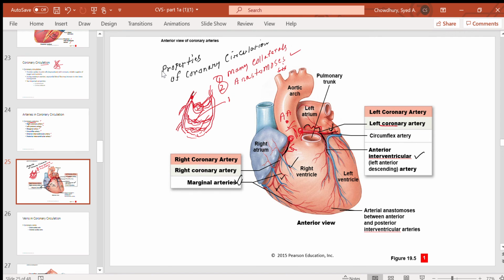Through this way will go to this side. Right? Makes sense? So we'll still be able to provide blood supply to the tissue here. Otherwise, if you don't have this anastomosis, then the tissue here will die easily, right? So these are giving protections.